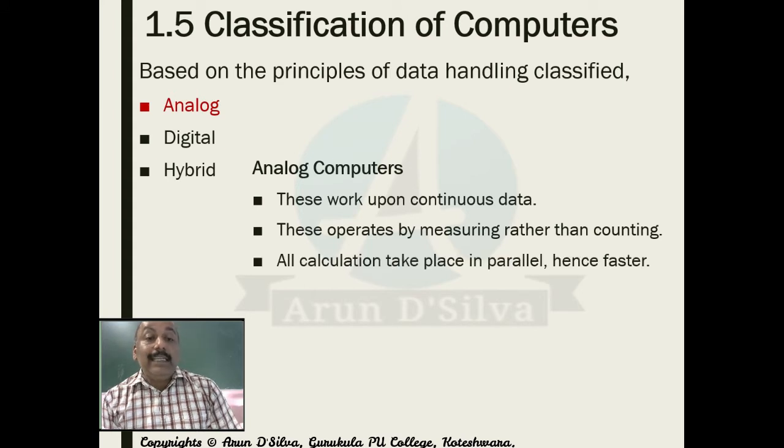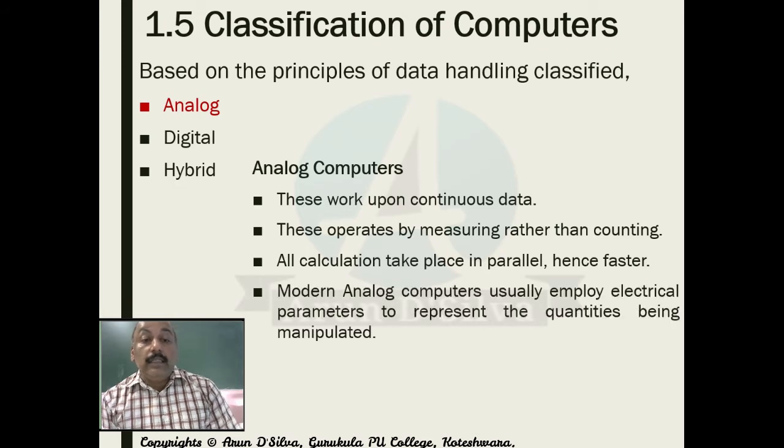And calculation takes place here in parallel. That is the reason analog computers are very fast. Modern analog computers normally employ electrical parameters to represent the quantities being manipulated. So voltages, resistances, or currents will be used to manipulate the continuous data.